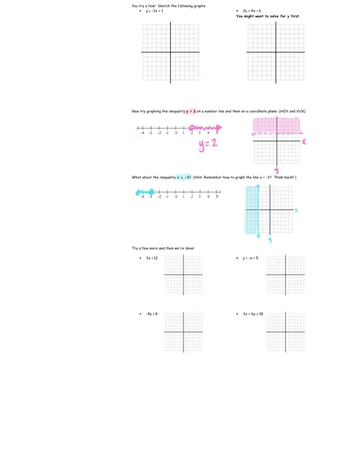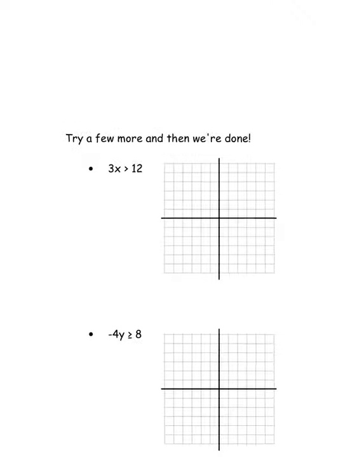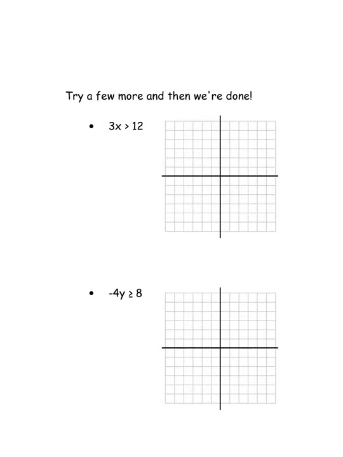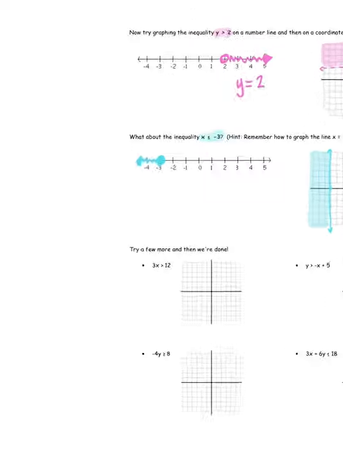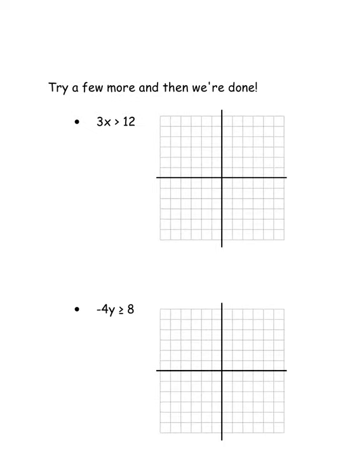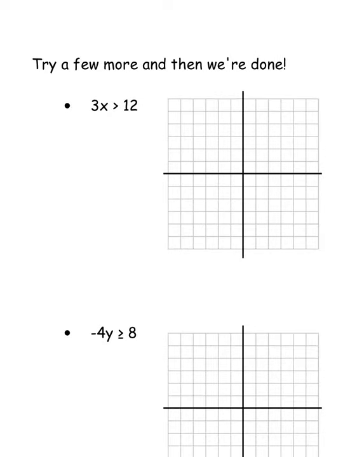Okay? So let's do a couple more for practice, just because it's been a week. Let's try this one first. 3x is greater than 12. I have to solve for x first. I divide both sides by 3. X is greater than 4. Okay?